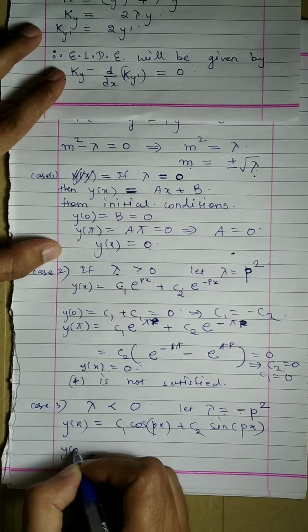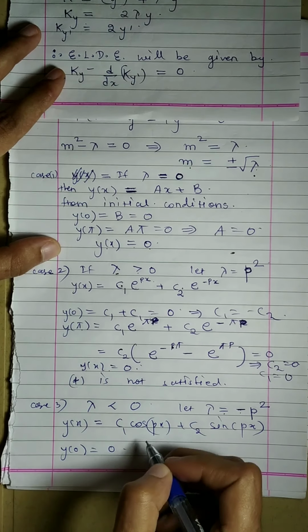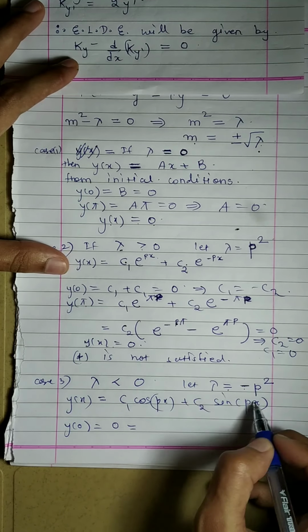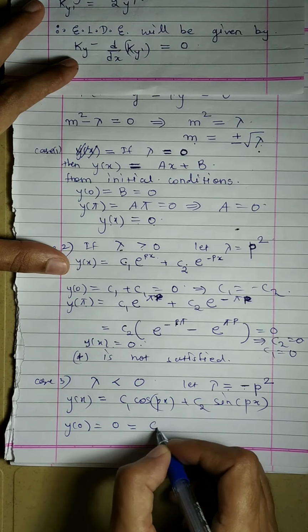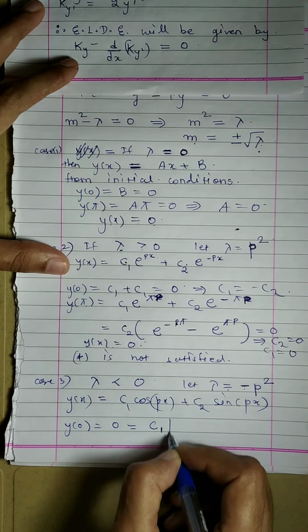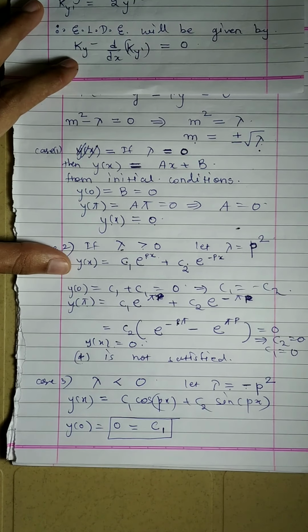And from the initial condition y of 0 equal to 0, cos of 0 is 1, so it is c1. It gives us that c1 is equal to 0.